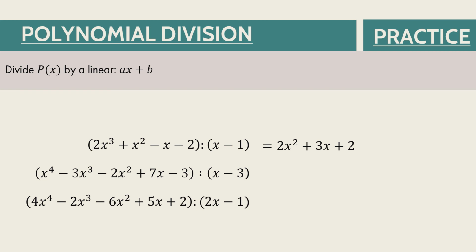Now if I have made some mistake, you can comment in the comment section. It is normal. The second quotient is x squared minus 2x plus 1. The third quotient is 2x cubed minus 3x plus 1. In this case, we have a remainder 3. Okay, do I have all the answers the same as yours?